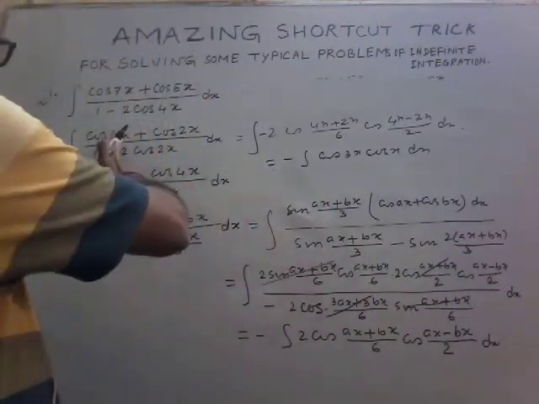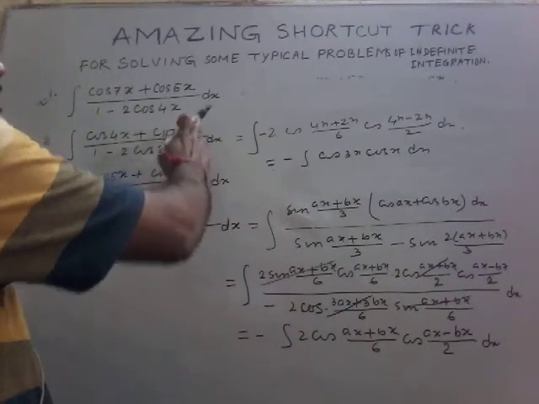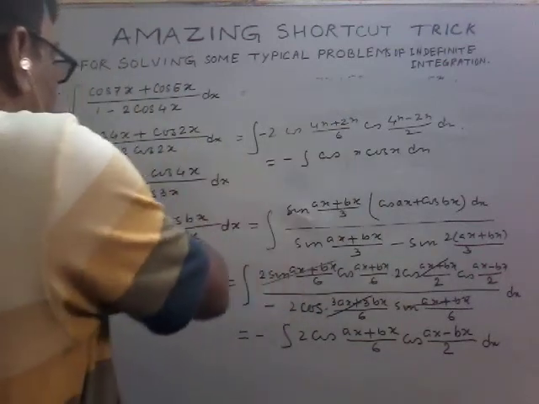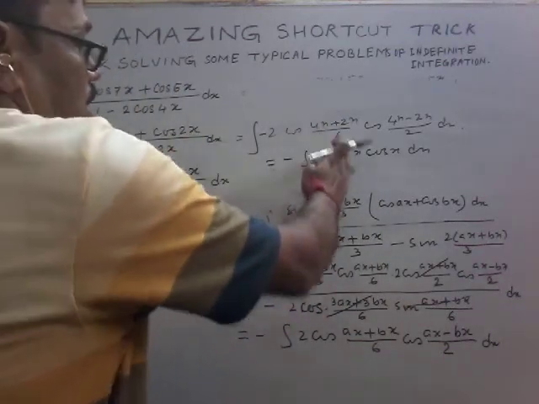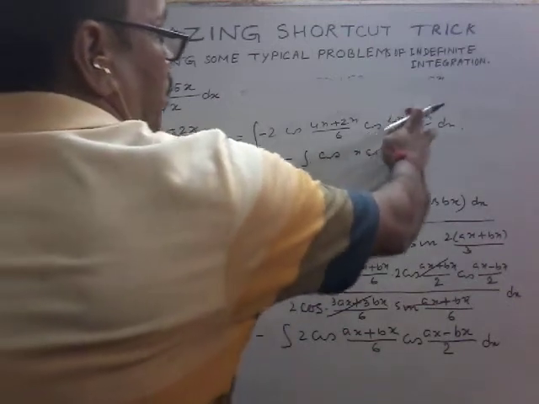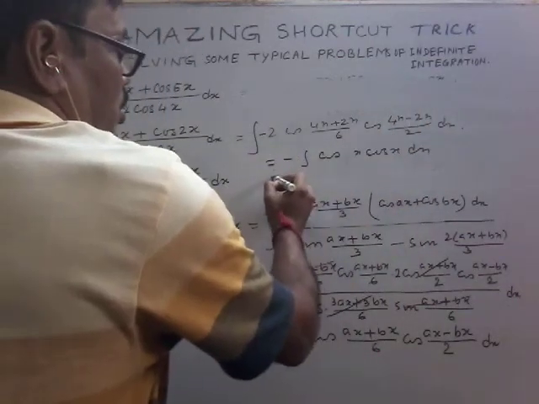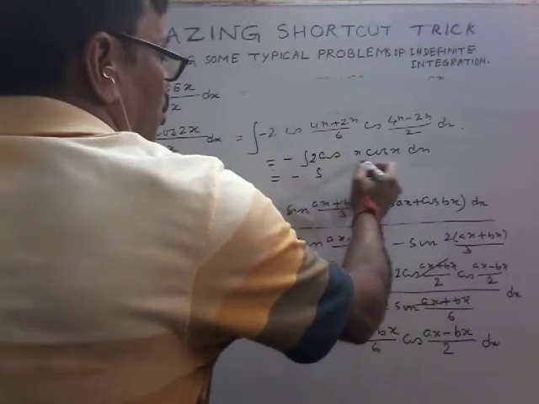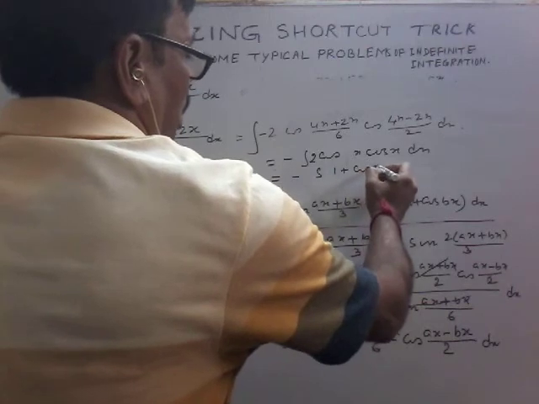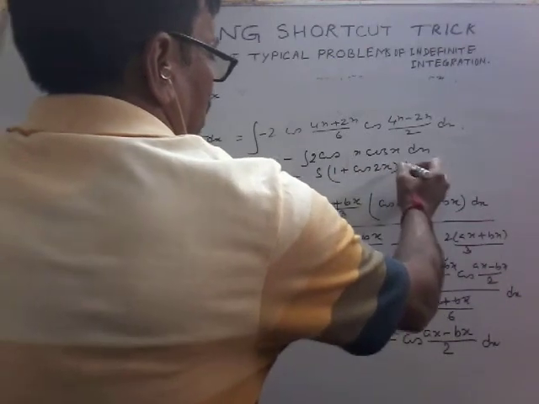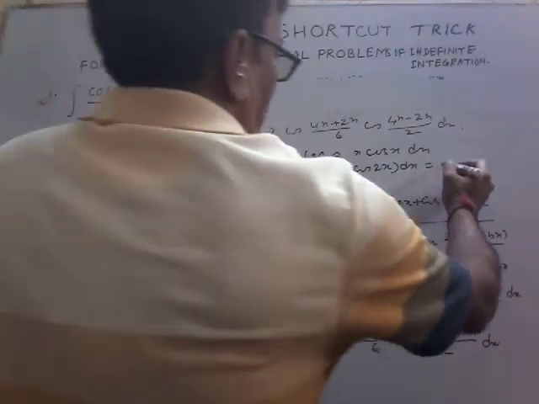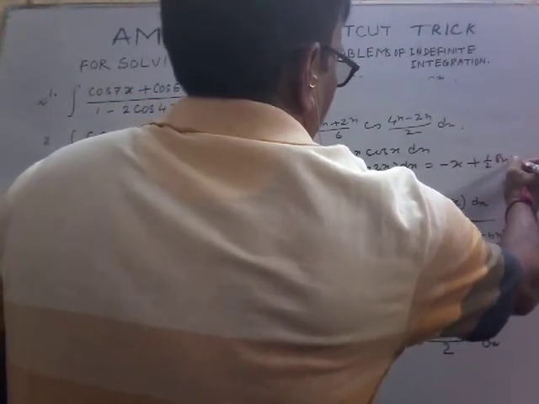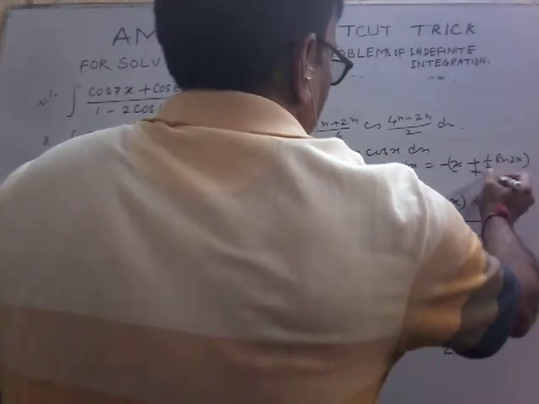Look, 4x plus 2x, 6x by 6, so this is x, not 4x plus 2x by 6, so this is cos x. 4x minus 2x by 2 gives x, so this is cos x, and the 2 remains as it is. So 2 cos squared x becomes 1 plus cos 2x dx. So minus x plus half of sin 2x plus c.